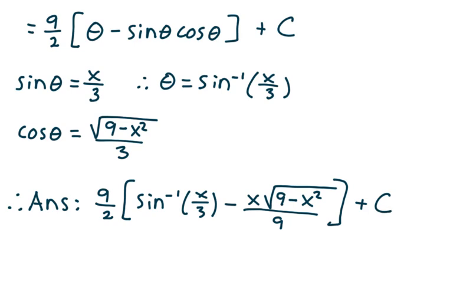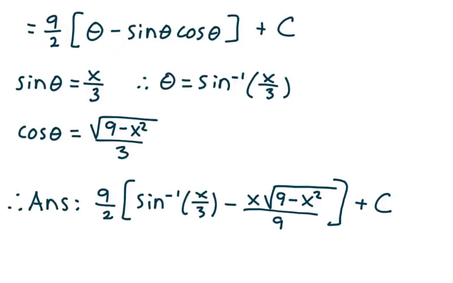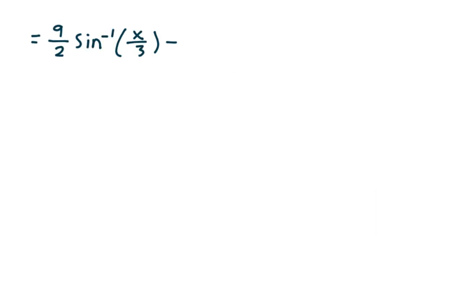Now, you can distribute the 9/2 inside. That's fine. If you distribute the 9/2 inside, you get 9/2 times arc sine of x over 3 minus, and then if I multiply 9/2 times that second term, the 9's cancel, and I get x square root of 9 minus x squared divided by 2 plus c.